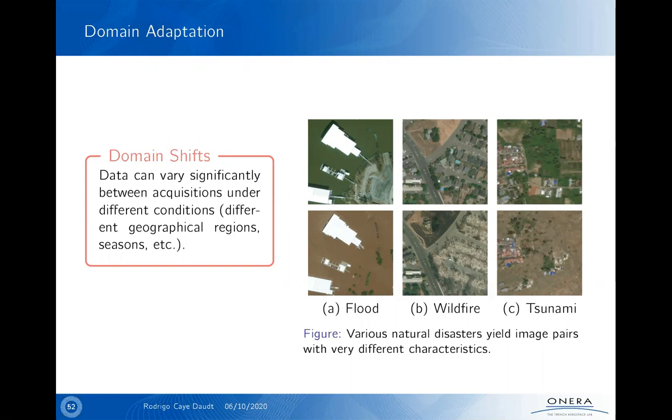For wildfire, we can still see the foundations of the houses that have burned to the ground, and we can still see their shadows. And in the tsunami case, most things just disappear. So it's very hard to correlate one image to the other. If you learn to perform change detection in one case, you're not necessarily going to transfer very well to a different use case.